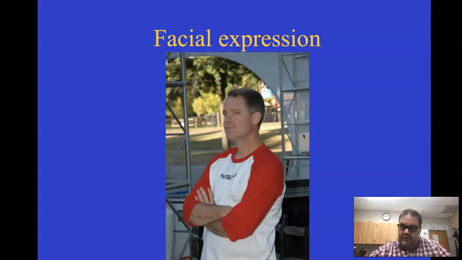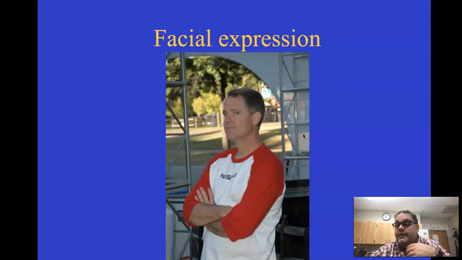So in this one, you can see he's looking off to his side. His body position is a little bit away from us. His arms are crossed. He's not smiling now. His eyes are a little bit more squinted, and he doesn't have a smile, but he doesn't have a frown either. But the lips are somewhat tense or tight.